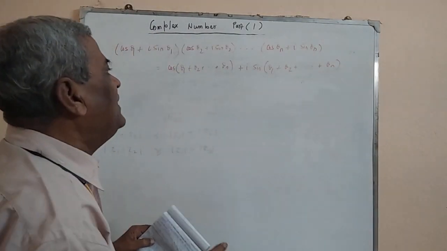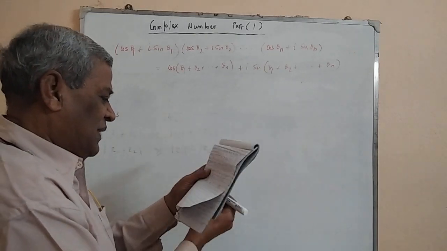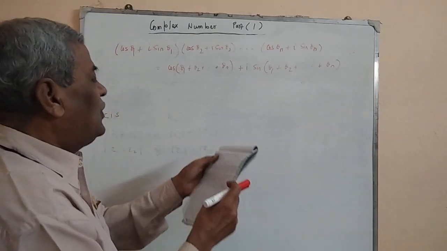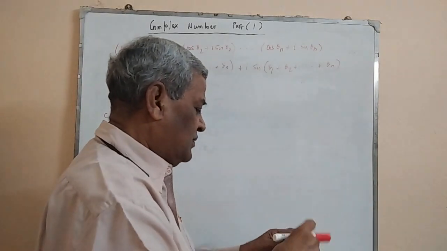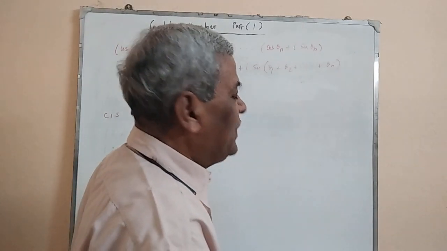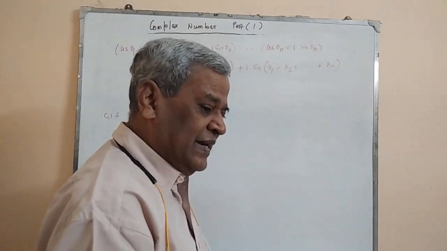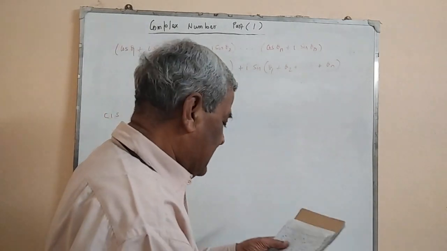This result is valid for any number of products. That's all. Now let us take a few examples. During solving problems, if we see that there is another trick or something like that, I will tell you at that time.